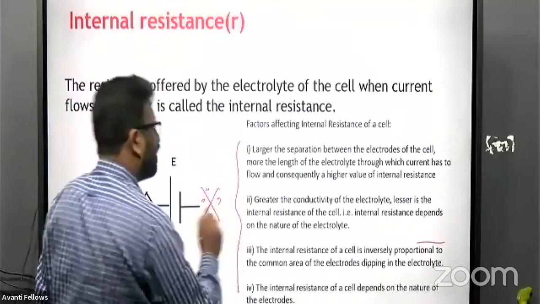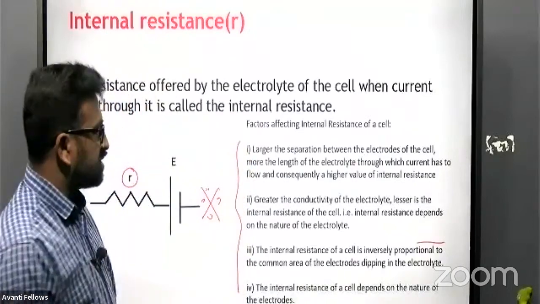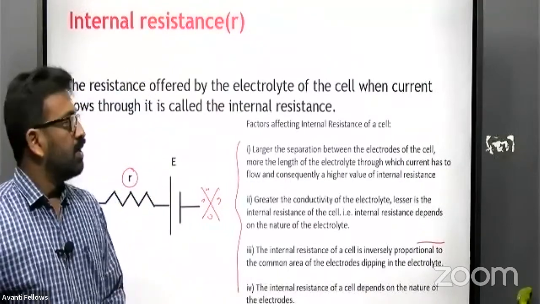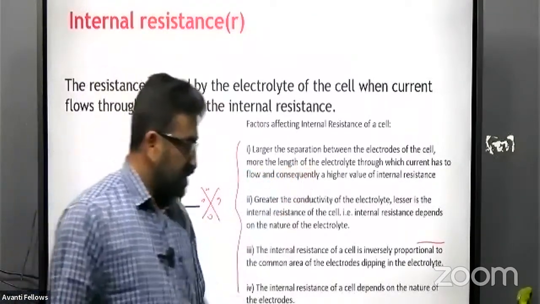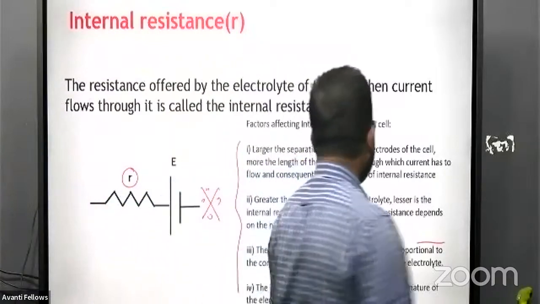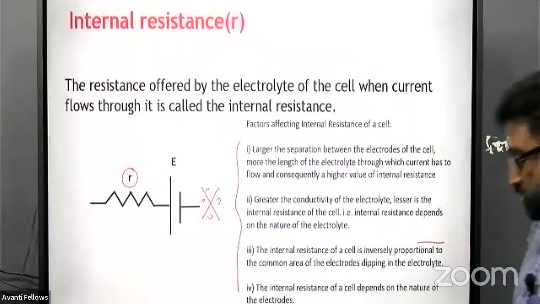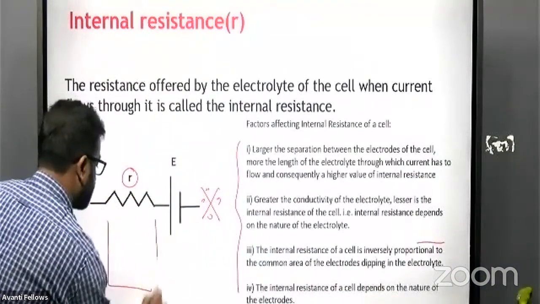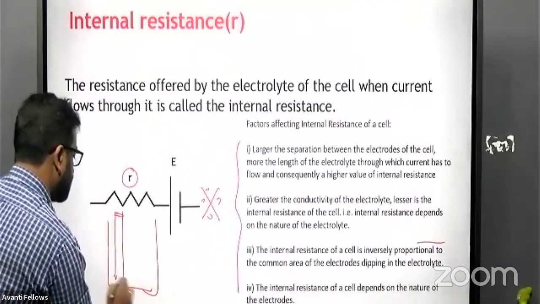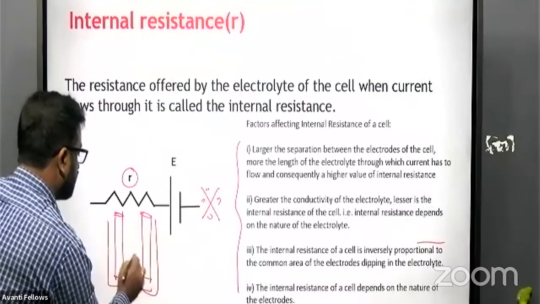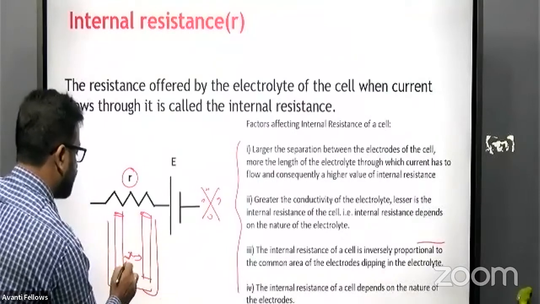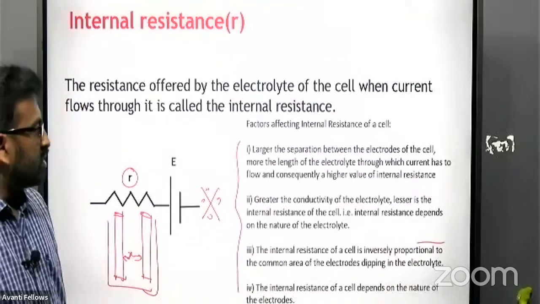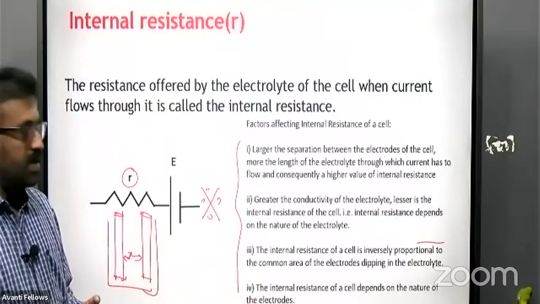Okay, the factors affecting the internal resistance of a cell. What are the factors which affect the internal resistance of a cell? The first one is, the larger the separation between the electrodes of a cell. See, if this is the electrolyte and these are the electrodes, and a larger separation is there, they are wide apart, then the internal resistance also will be larger.